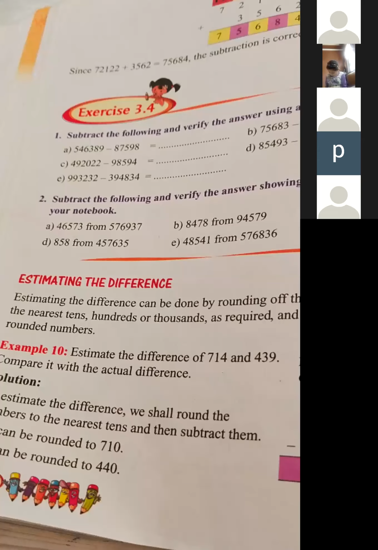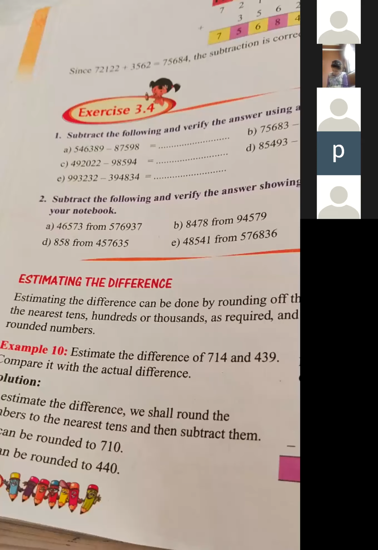One more thing is there. What is written there? Read the question first. Ma'am, because there is written from. If in the question from is written there, it means that second number comes first.